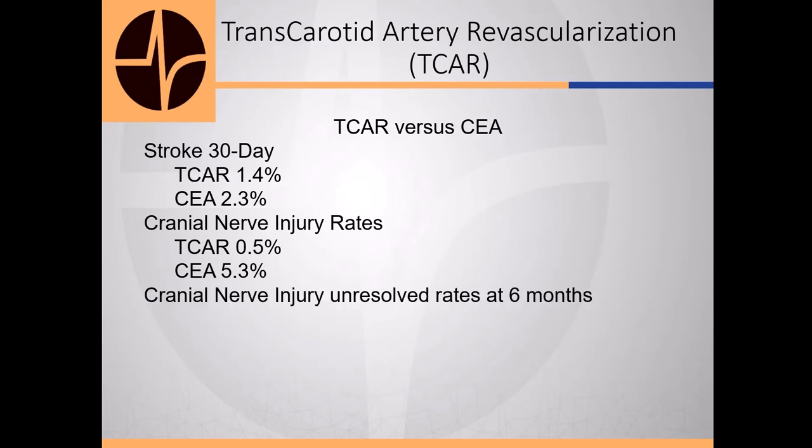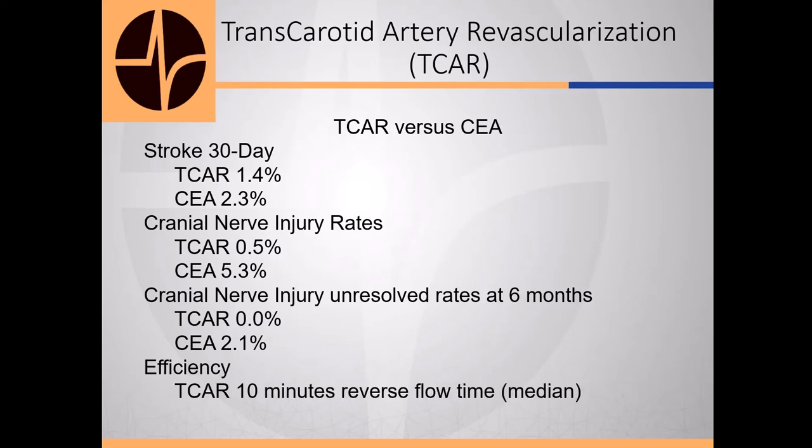Though the cranial nerve injury unresolved rates at 6 months is TCAR was 0% of unresolved and 2.1. So you can see that 2.1% of the patients still have transient vocal cord paralysis at 6 months. The efficiency is TCAR, it takes about 10 minutes for the reverse flow time, and CEA is 30 minutes worth of clamp time.